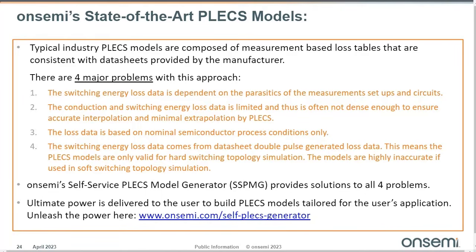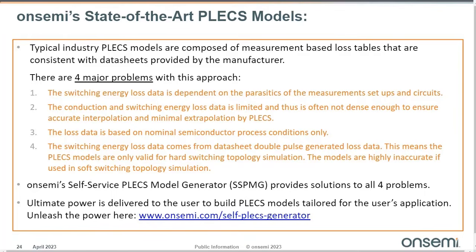Loss data are based on nominal process conditions, and you don't know what happens when the device is at the limit of the specification. And most of the time those data come from either measurement or the datasheet that are valid only for hard switching, and we are not able to predict what's going on with soft switching.